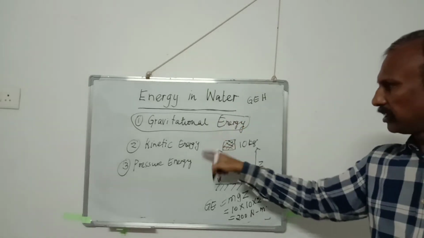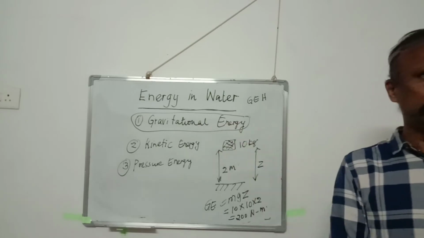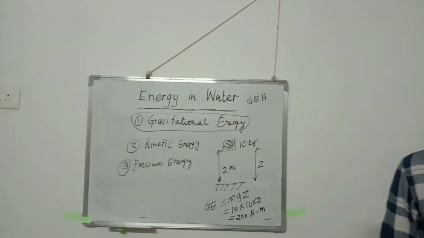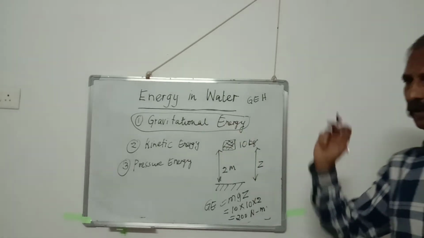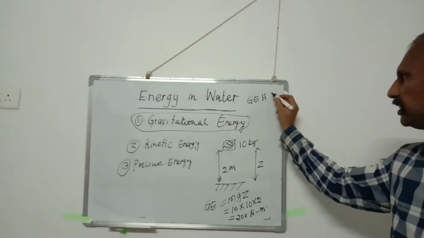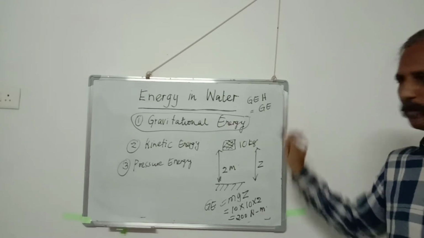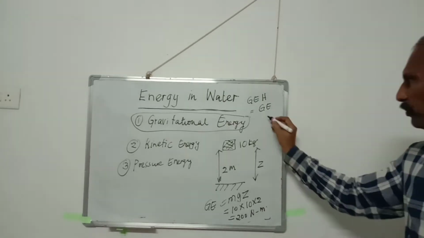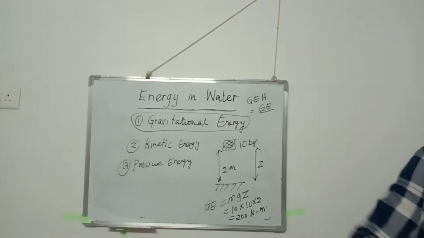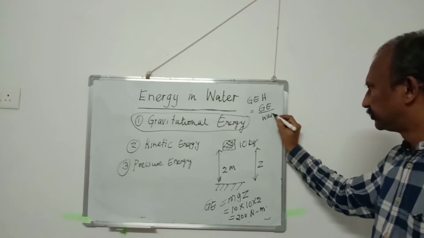For all forms of energy, I will introduce these terms by adding the word head. Now I will talk about what head means. Gravitational energy head means it is the gravitational energy possessed by the body per unit weight of that body.